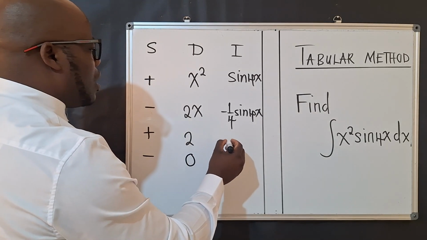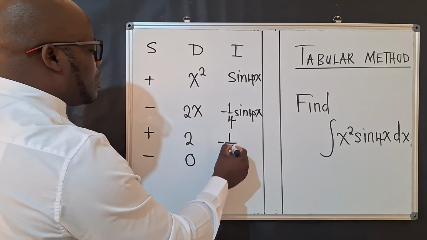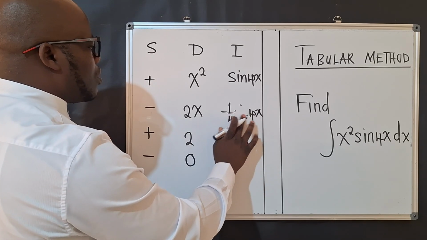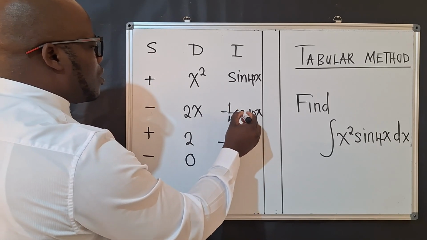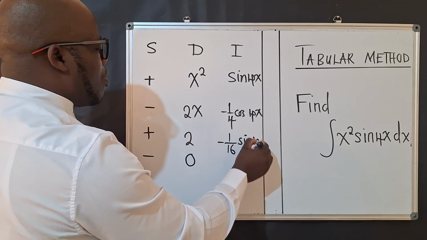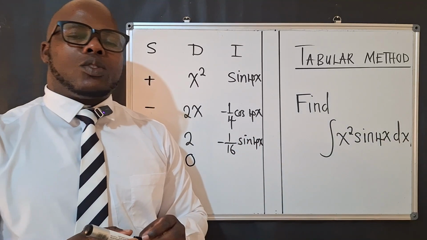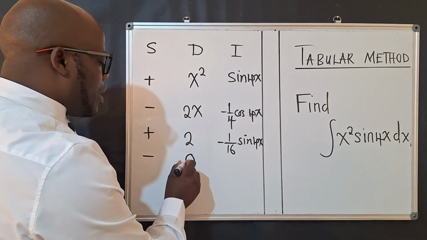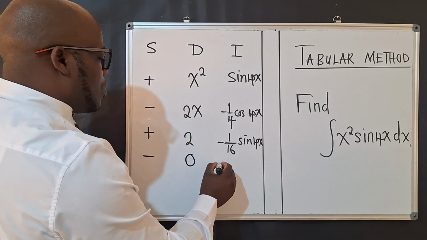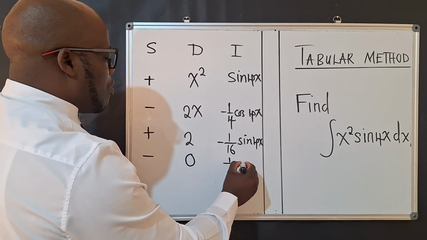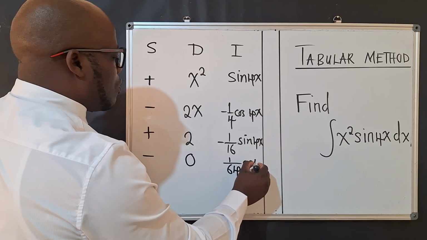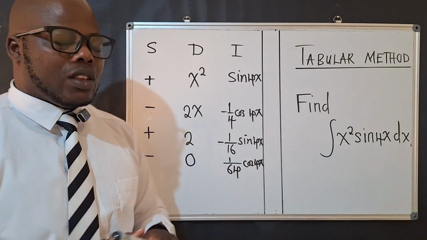It gives us negative 1 over 16 sine 4x. Next, we again find its derivative up until we reach 0. We must keep on finding the derivative. So this gives us 1 over 64 cos 4x, like this.